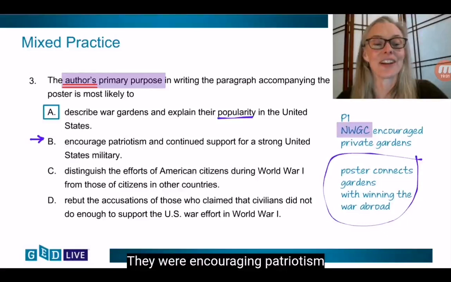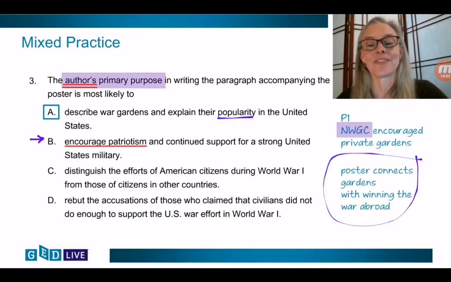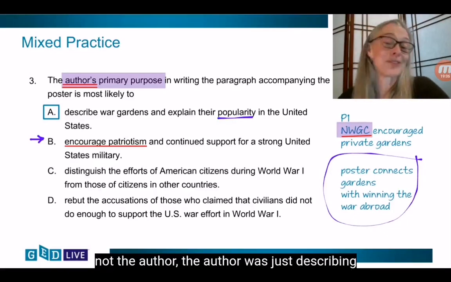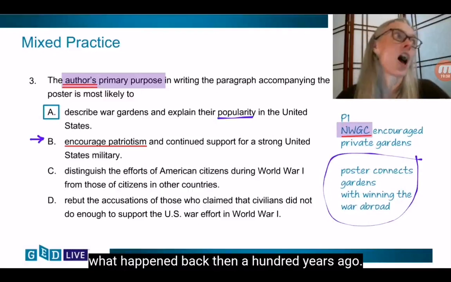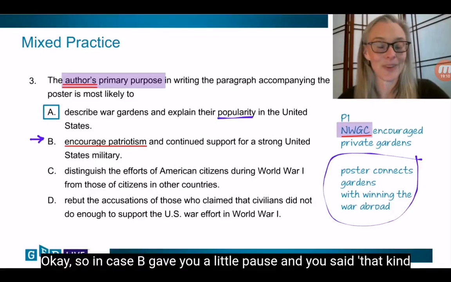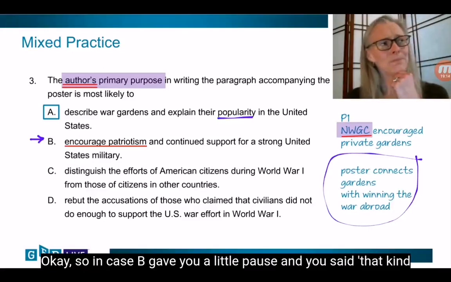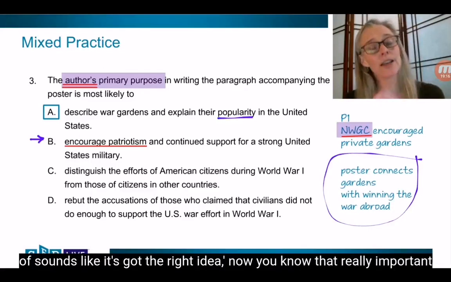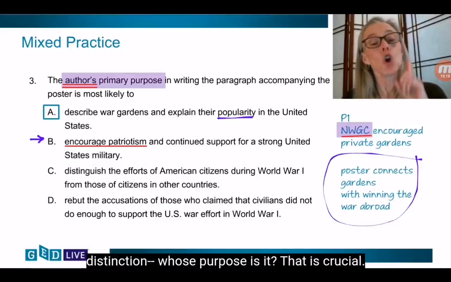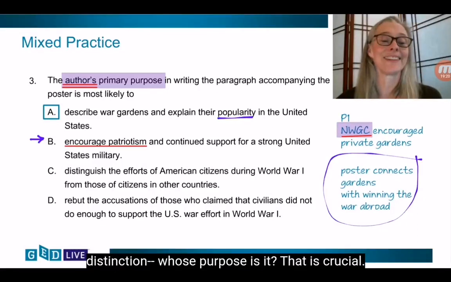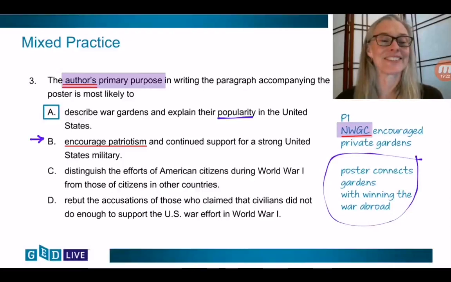They were encouraging patriotism, not the author. The author was just describing what happened back then, 100 years ago. Okay, so in case B gave you a little pause and you said, that kind of sounds like it's got the right idea, now you know that really important distinction. Whose purpose is it? That is crucial. The author's purpose.